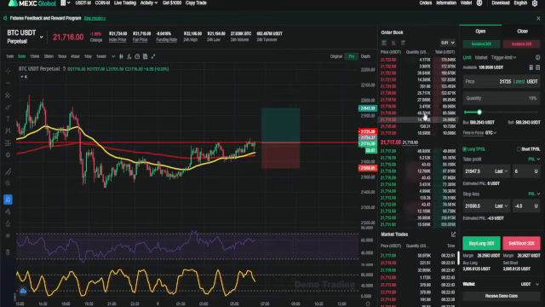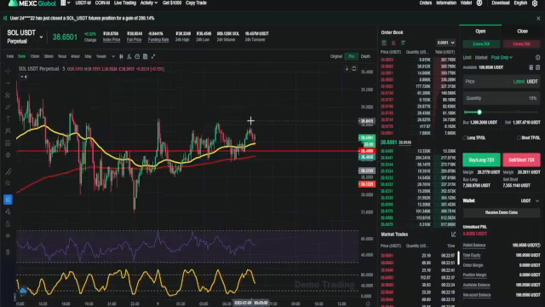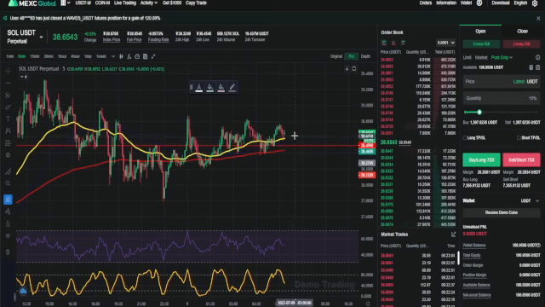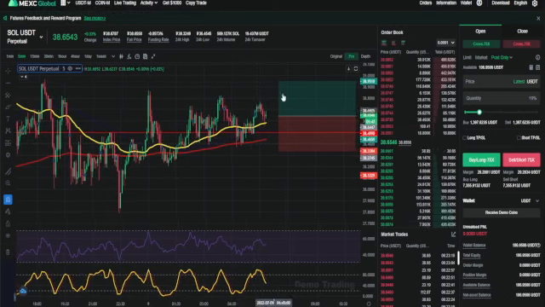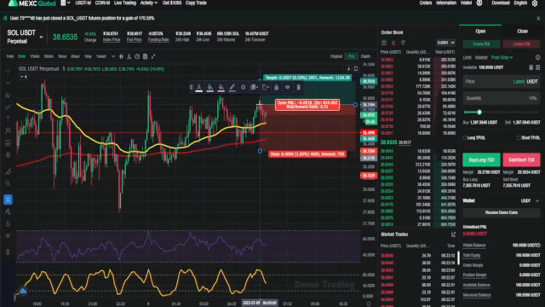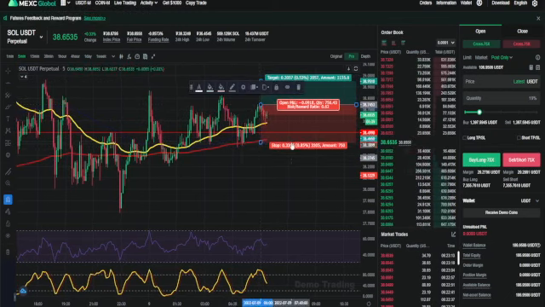Now, if I were to come over here and select something like Solana, for instance, Solana has a different type of range. If I go from the top to the bottom here, just in this short move is 8.85%.